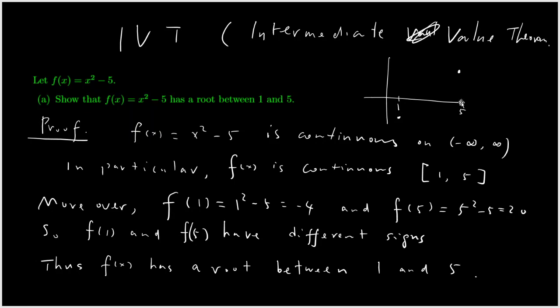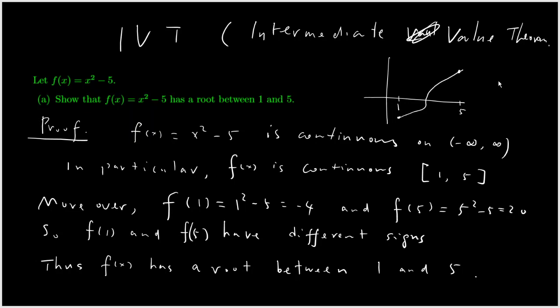It means the point on the graph of the function when x value is 5 is above the horizontal axis. So that makes sense. The value of the function at 1 is negative. It means the point determined by x value of 1 is below the horizontal axis, right? And then the function is continuous, right? We have that condition. So the graph of the function has to be something like that.